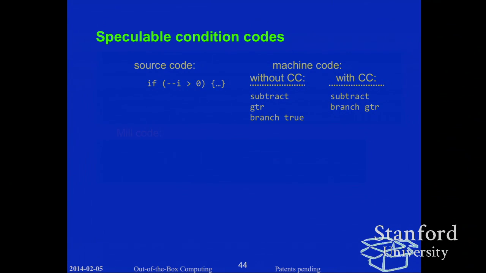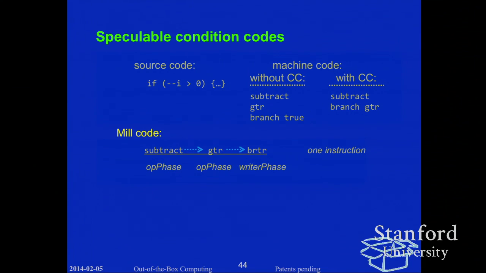Well, the Mill code: we need subtract and greater than branch on true. That is, in fact, one instruction. We want a data flow that goes from subtract to greater to branch on true. But subtract and greater than are both op-phase operations.